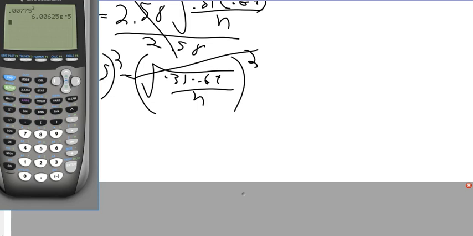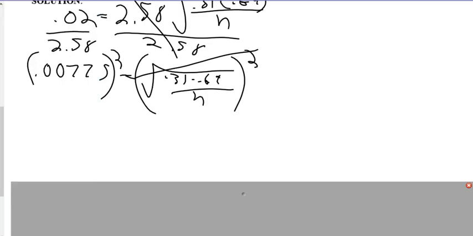So all that means is we're going to take this number and move the decimal 5 places to the left. I rounded this. The decimal's here, right? We're going to move it 1, 2, 3, 4, 5 places. And where there's an empty place holder, drop in a zero. That is 0.0775 squared. Tiny number.